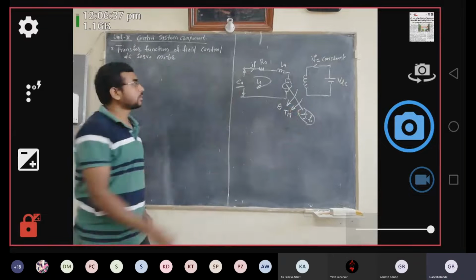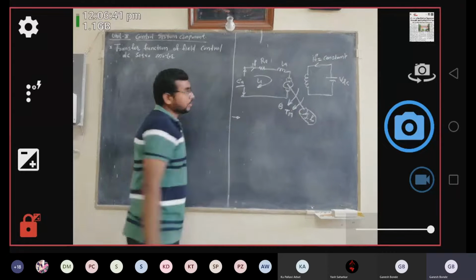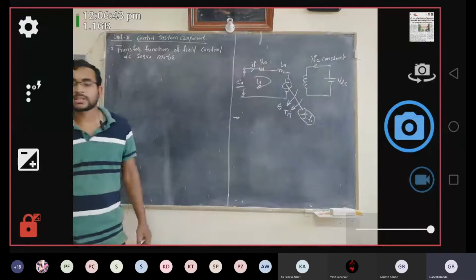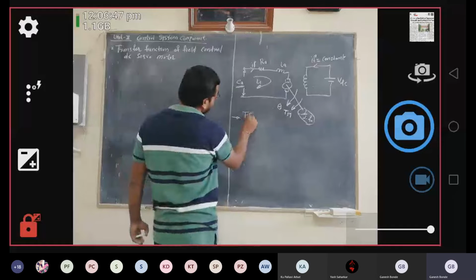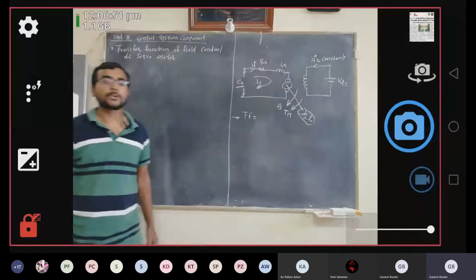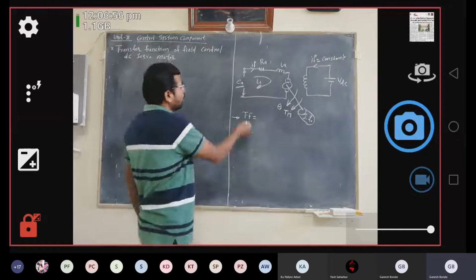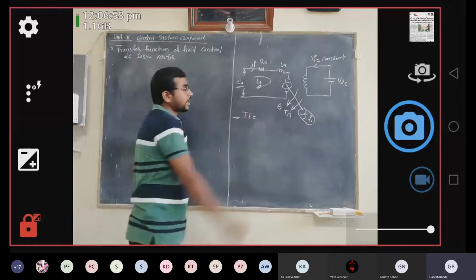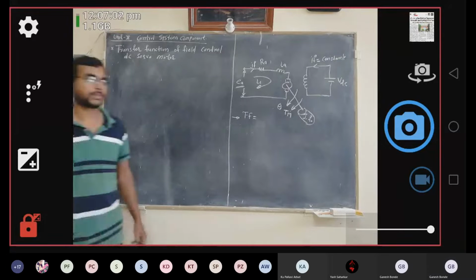Okay. So what are the steps to derive the transfer function of armature controlled DC servo motor? We know that the transfer function can be defined as the ratio of Laplace of output to the Laplace of input. Okay. So what is the input provided in case of armature controlled DC motor? Anybody?